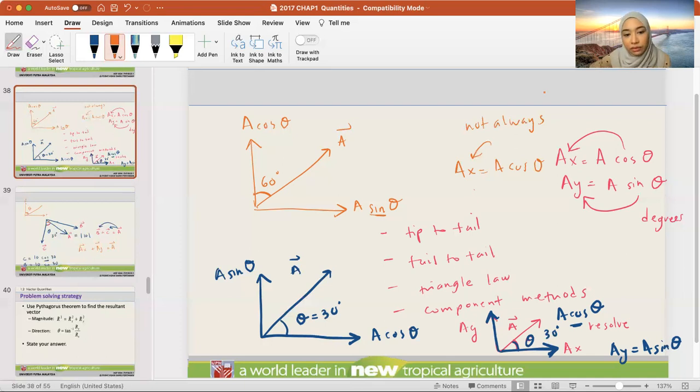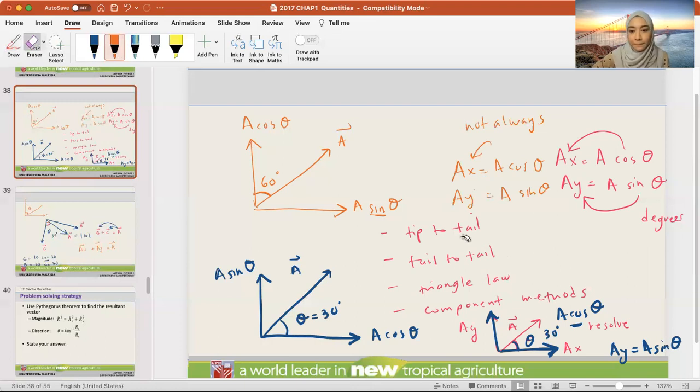In the earlier example, theta was always touching the x-axis, which is why we went with that equation. But in reality, you have to know where your angle is, and the cosine belongs to the component that touches the angle. Okay, so let me write that down.